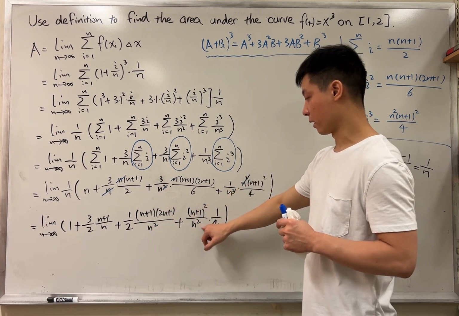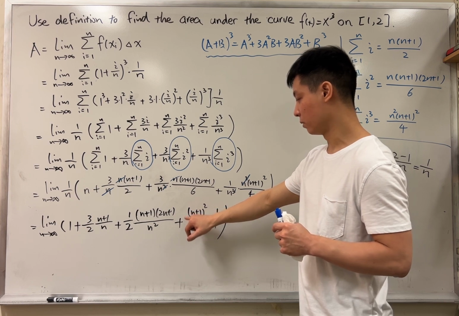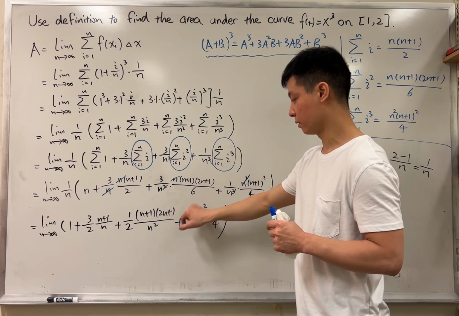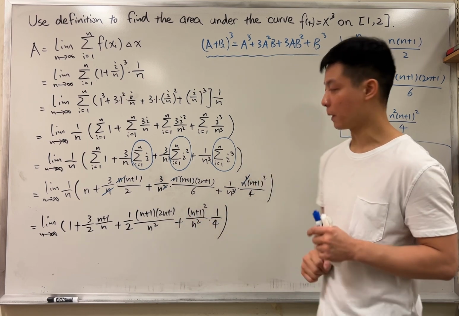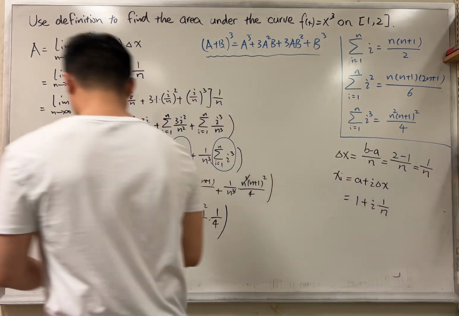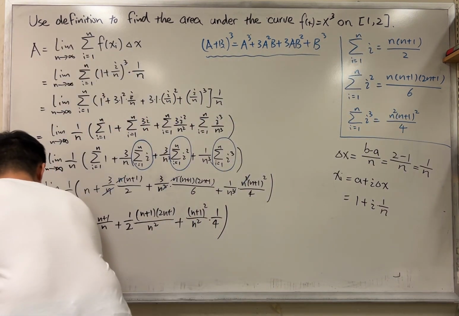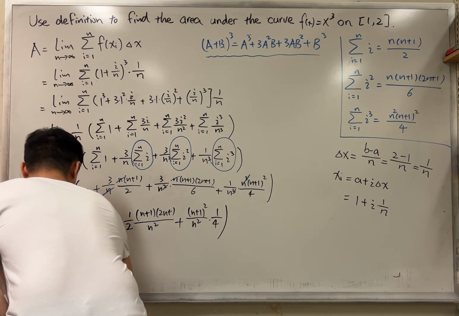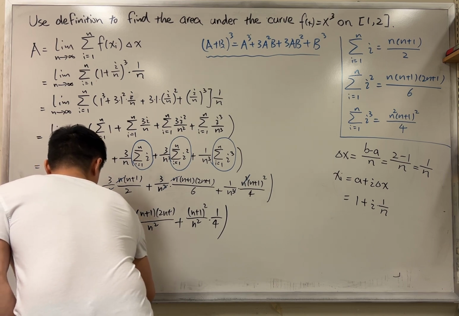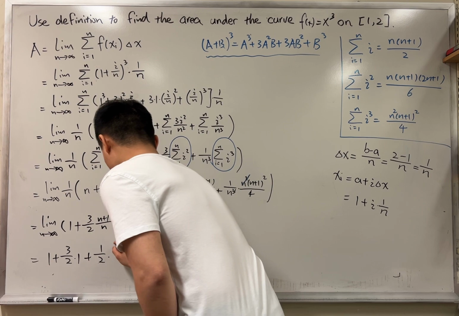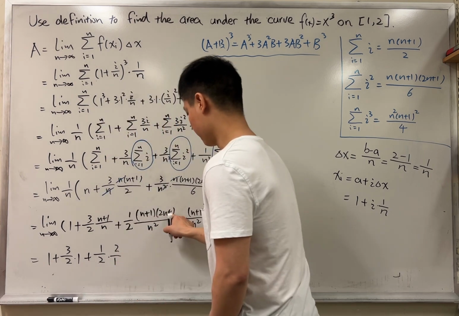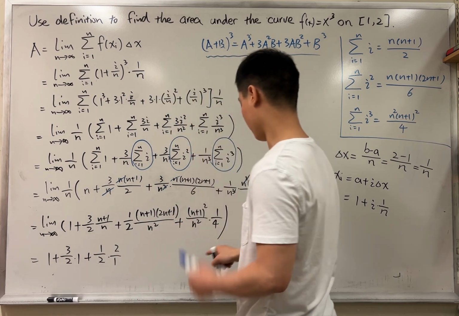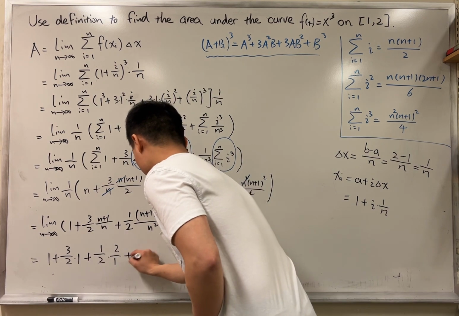And this one obviously has the power on the top being 2, and the bottom is also 2, and the leading coefficients are 1 and 1. So the limit of this one is going to be 1 as n approaches infinity. Keeping all this in mind, we will calculate: that's 1 plus 3 divided by 2 times 1, plus 1 over 2 times this, that is 2 over 1, the ratio of leading coefficients, and then this one is going to be 1 over 4.